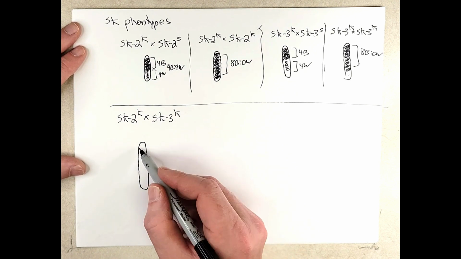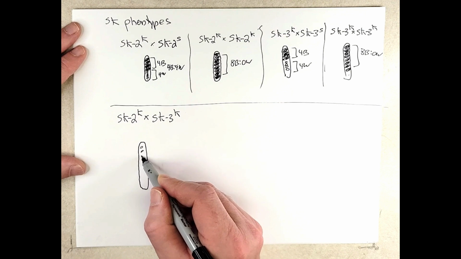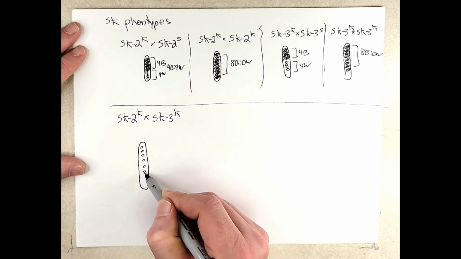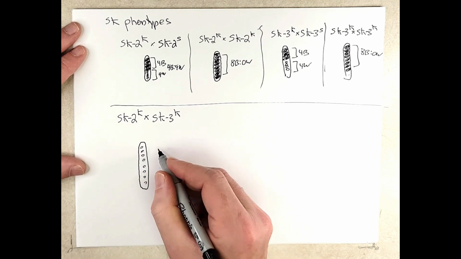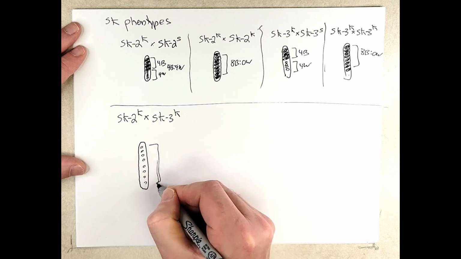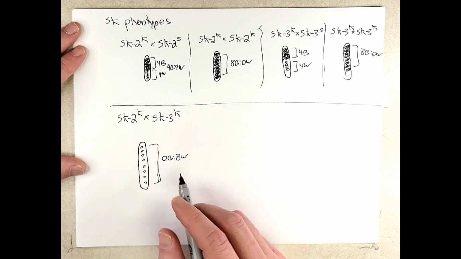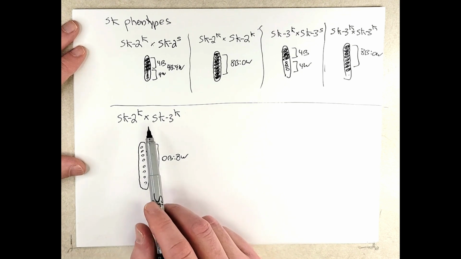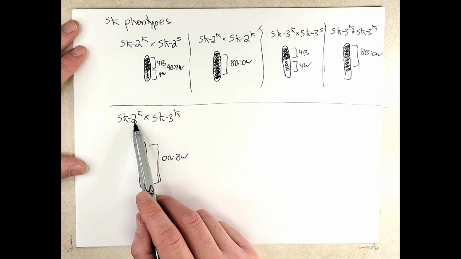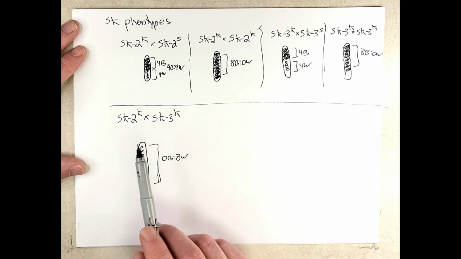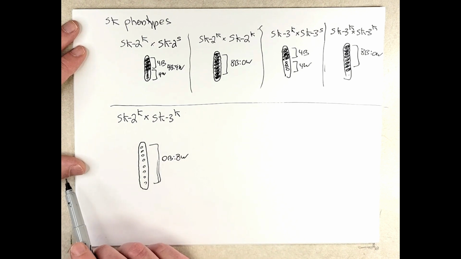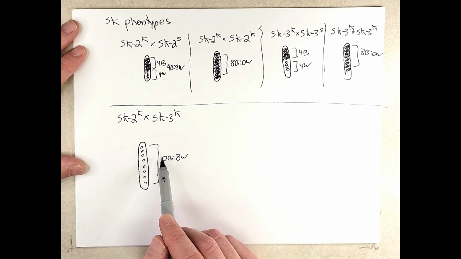What they found was that they essentially see 8 dead ascospores. So 0 black, 8 white. Everything dies when a spore killer SK2K isolate is crossed to an SK3K isolate. The spore killers essentially kill each other, and there are essentially no survivors.